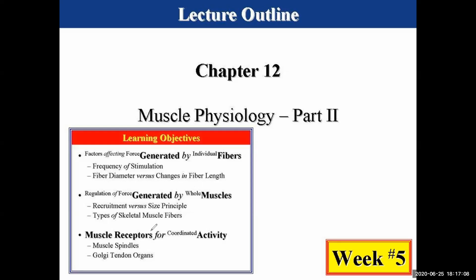And then the last pillar of the lecture is about not only the motor functionality, but also how the central nervous system receives input from the muscle to have better coordinated activity through two structures.